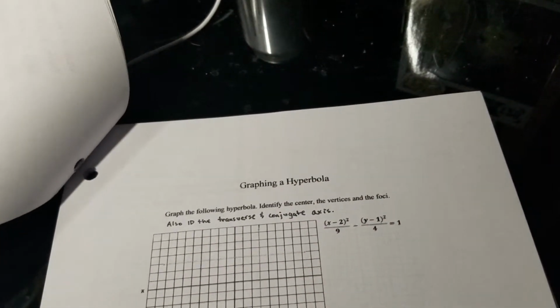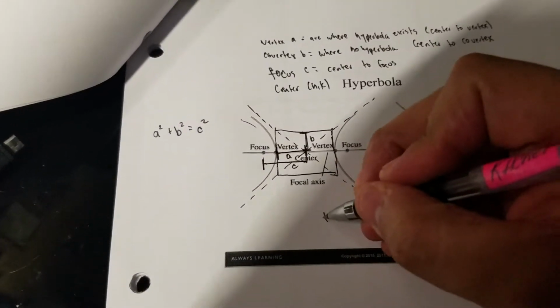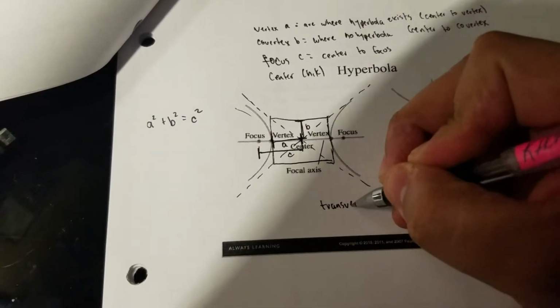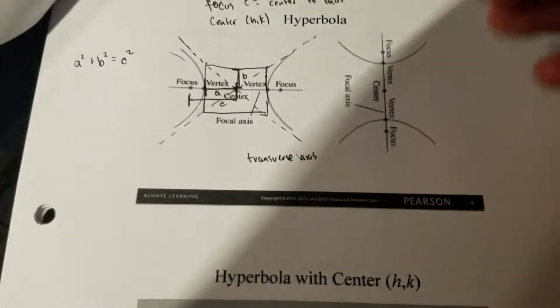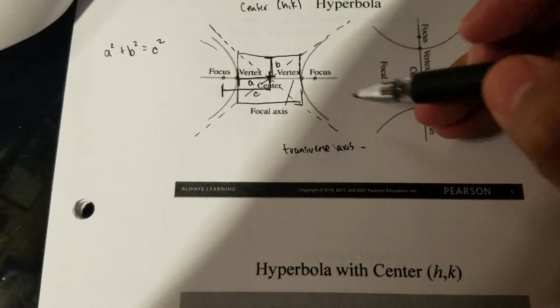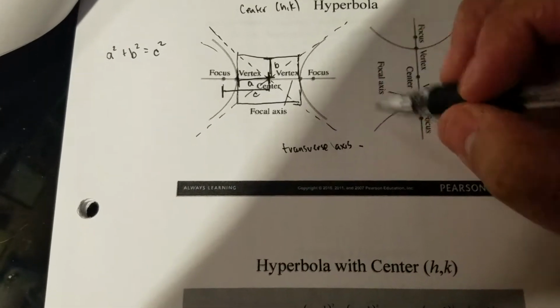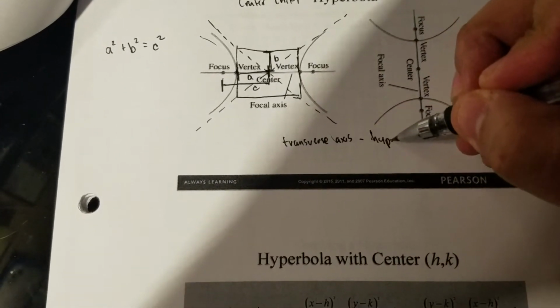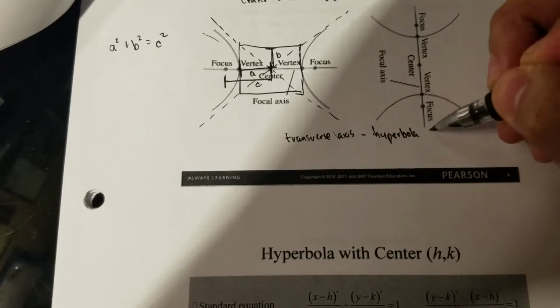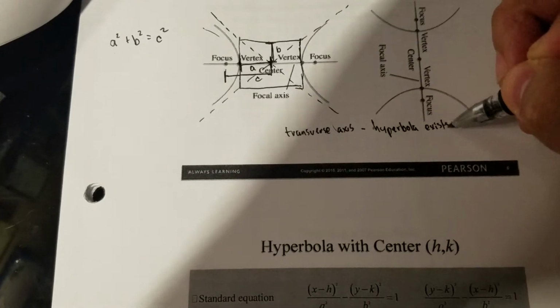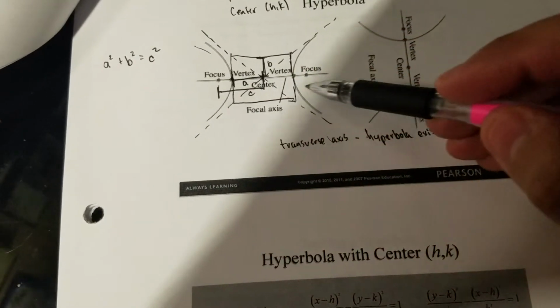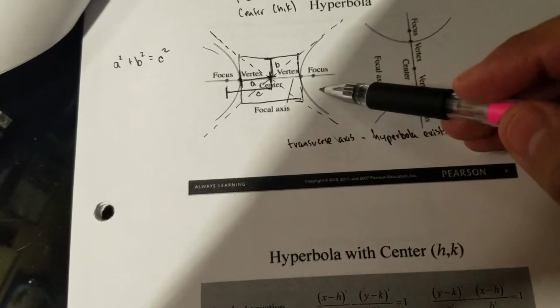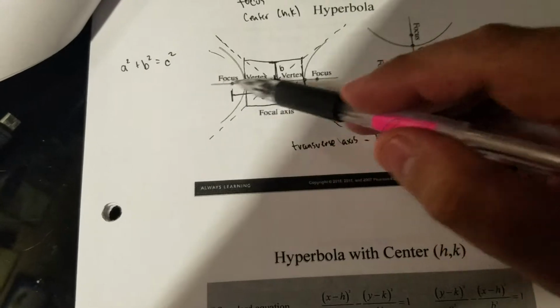Oh, one more thing, sorry. Wherever I see the hyperbola, that is what I call my transverse axis. So this right here would be my transverse axis, going through the center.